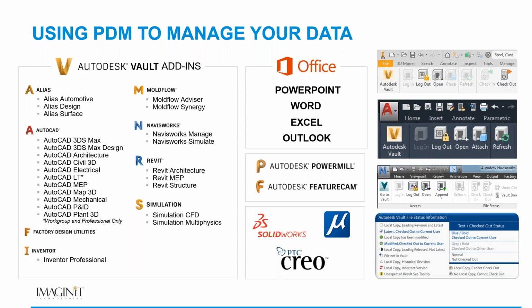Office as well: PowerPoint, Word, Excel, and Outlook all have an add-in for that, just like the one where I logged in through AutoCAD and logged into my Vault and found the files. It's exactly the same way over there. And Vault Professional does work with MicroStation, SolidWorks, and Creo. So it's a wide range of tools from which we can be accessing Vault and bringing that in.